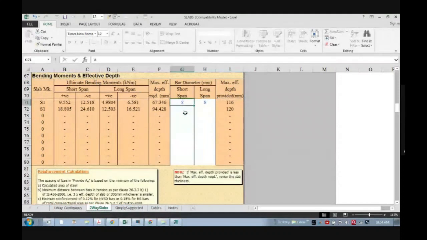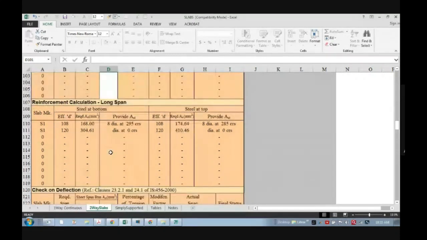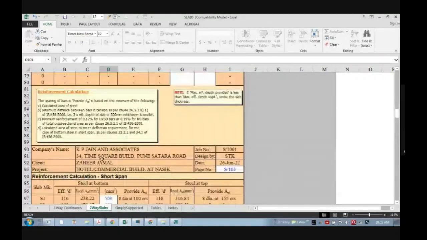Let's take diameter as 8 mm, whatever. यहाँ समझो कितना 500 लग रहा है, right? कुछ तो इशू है क्या?